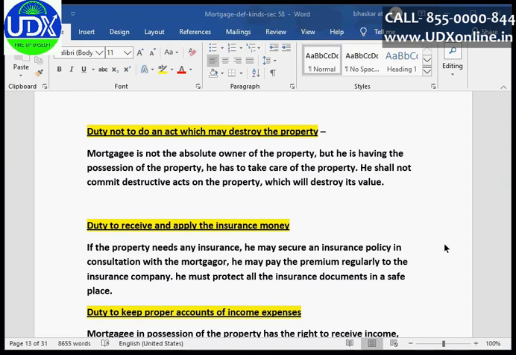There are people nowadays who are taking insurance policies on their houses, on their buildings.